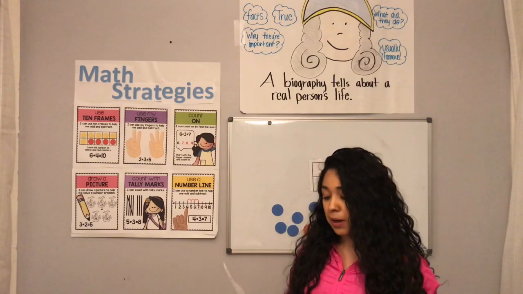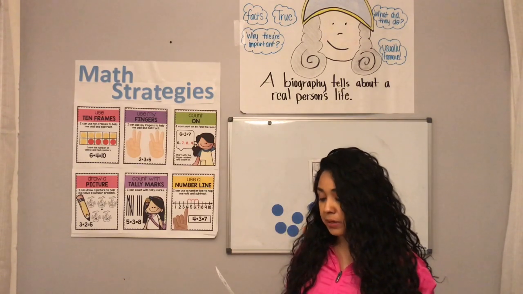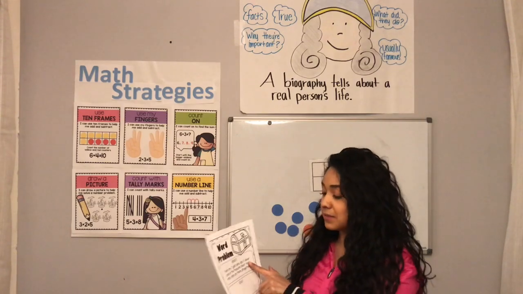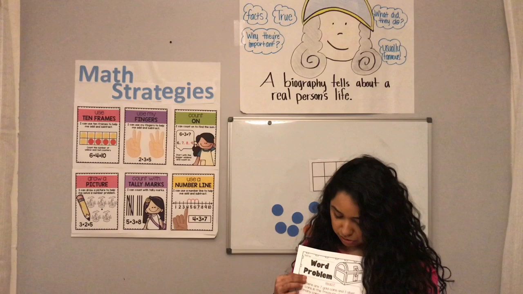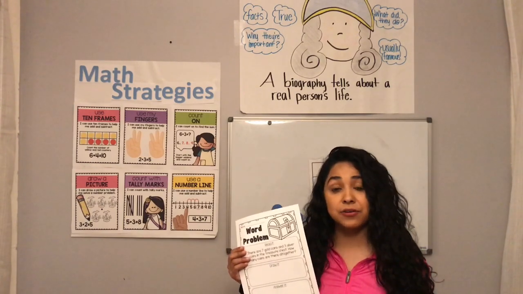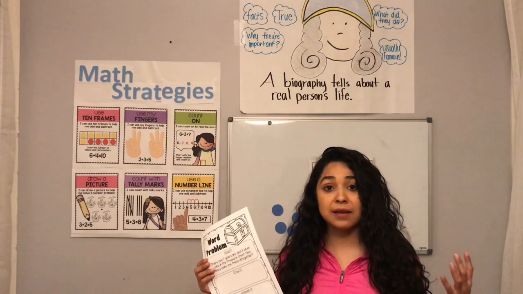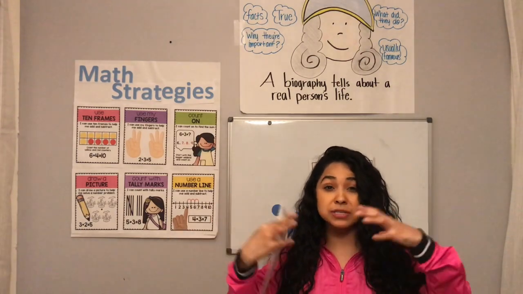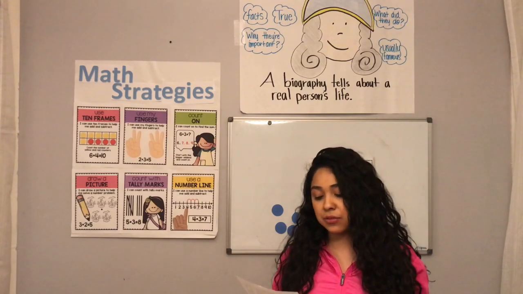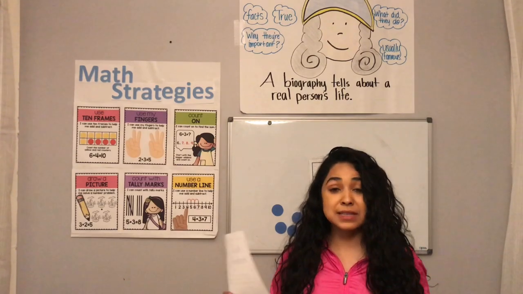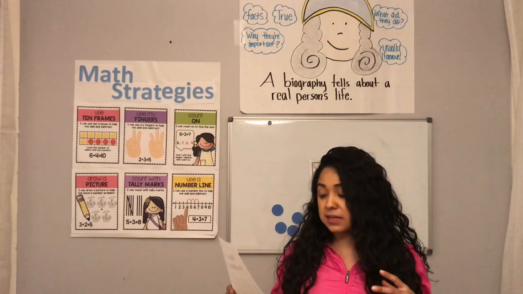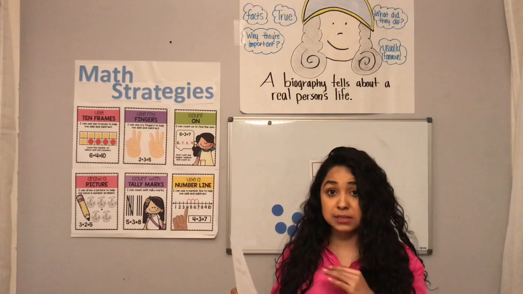When it is asking you how many are together, they are asking you to add. They are asking you to put the numbers together, okay? So it says there's 7 gold coins and 3 silver coins. That means they want you to add these and tell them how many they are all together.